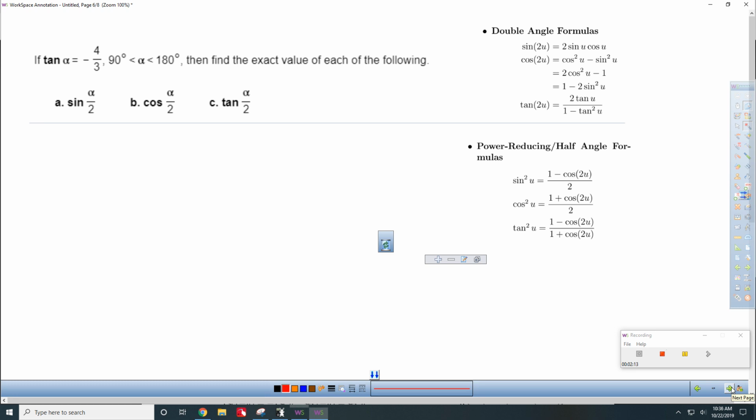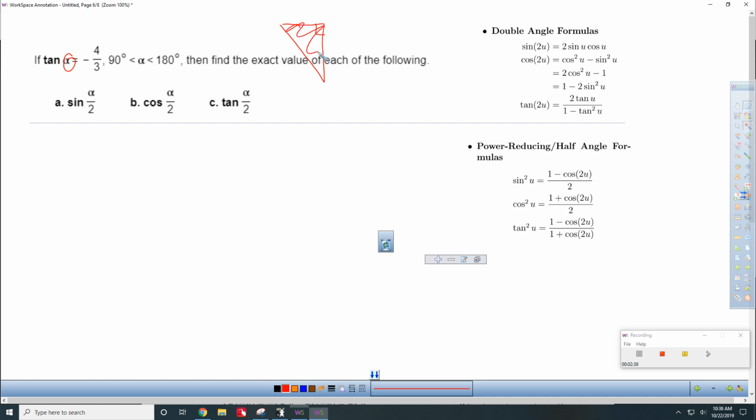So in this problem we have the tangent of A, and we have the range that the angle's in, so we can draw the right triangle to find A. Since it's between 90 and 180 degrees, the triangle has to be in quadrant 3 or 2, and since the tangent is negative, it has to be in quadrant 2.